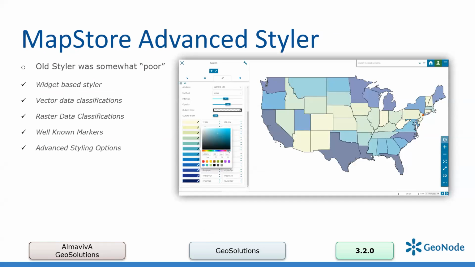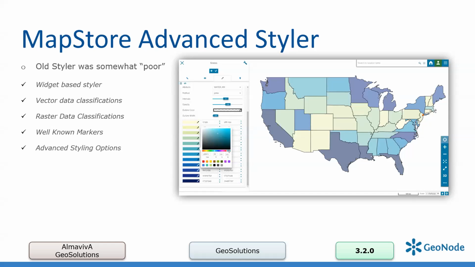So first of all, the advanced style editor. It is possible to switch back and forth between the textual editor and the widget-based editor. And it supports both SLD 1.0 and 1.1 language for GeoServer, which is the OGC standard one, but also supports the CSS styling descriptor, which is instead specific to GeoServer.